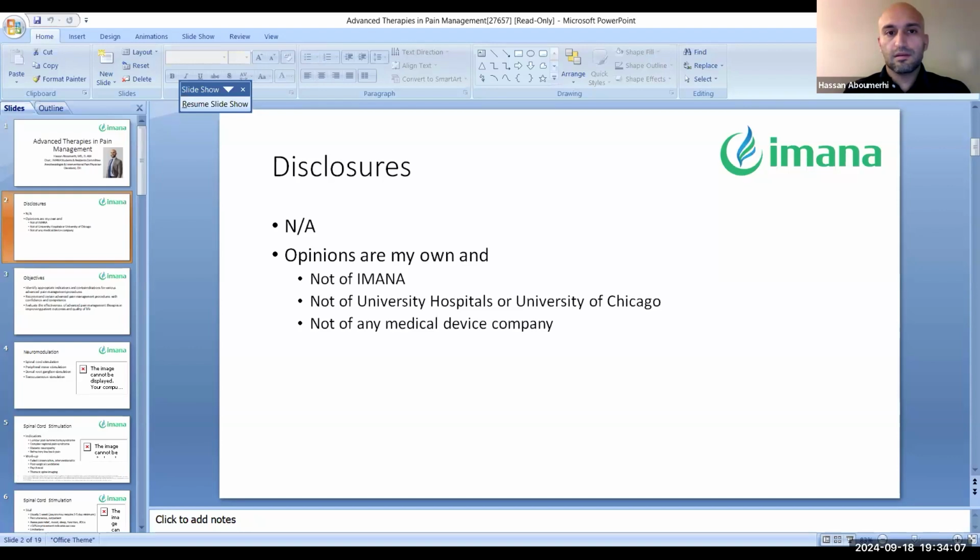So we want to identify appropriate indications and contraindications for various types of advanced procedures. Ideally, the provider then, after this talk, will be able to recommend certain advanced pain management procedures and also be able to evaluate the effectiveness of certain procedures if they hear that their patient is considering them. Then they can provide a little bit more input.